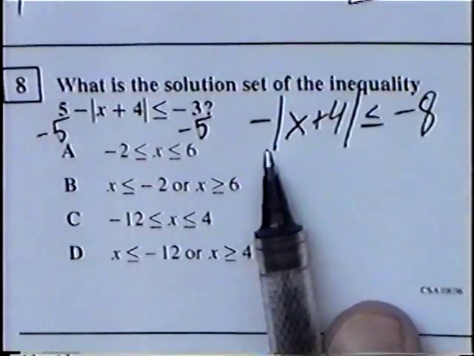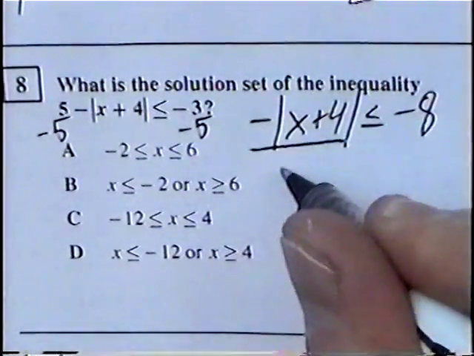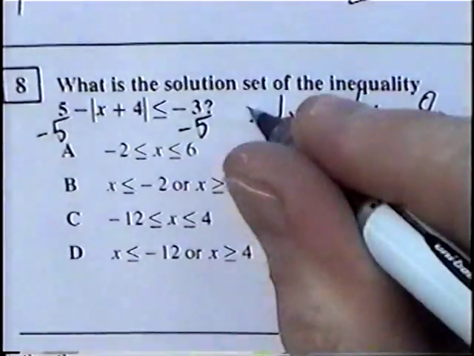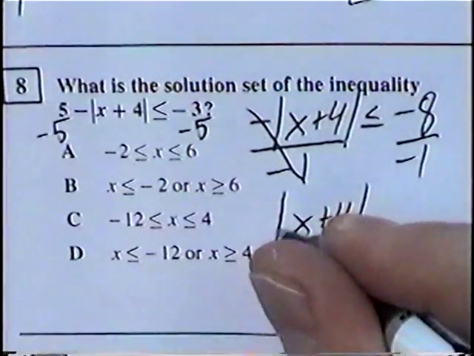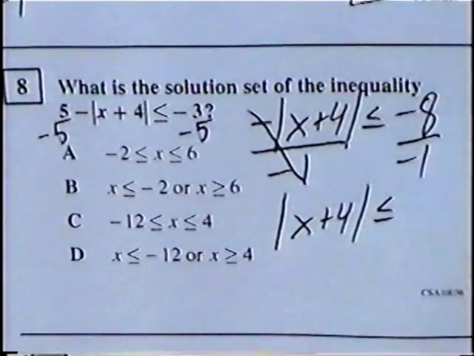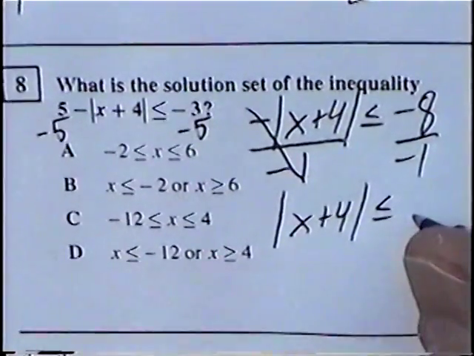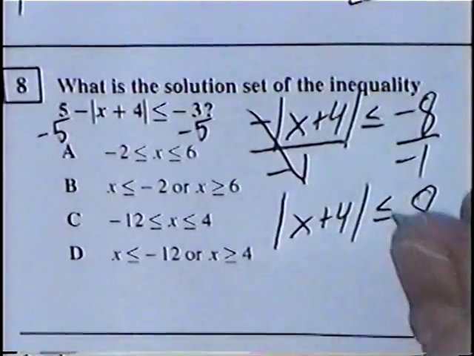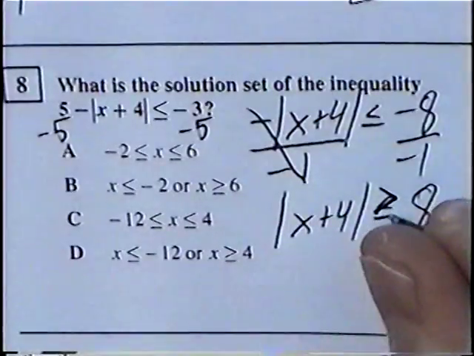And again, to isolate the absolute value, to cancel out the negative in front of the absolute value, we can divide by negative 1. So the absolute value of x plus 4 is less than or equal to negative 8 divided by negative 1, which would be positive 8. And also when we divide by a negative, we'll change the inequality backwards. So we'll have greater than or equal to 8.